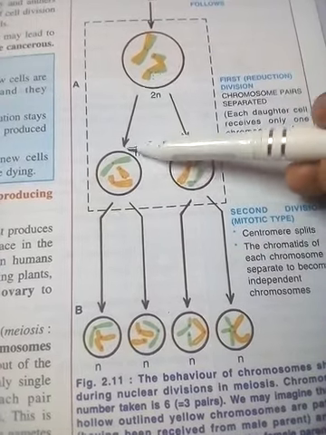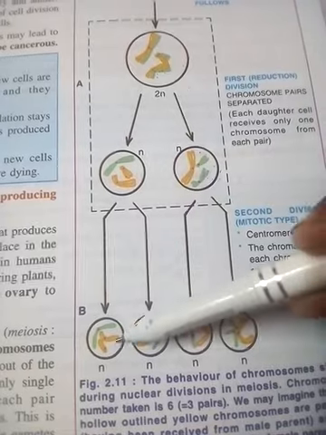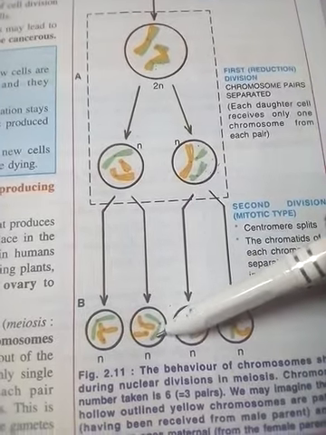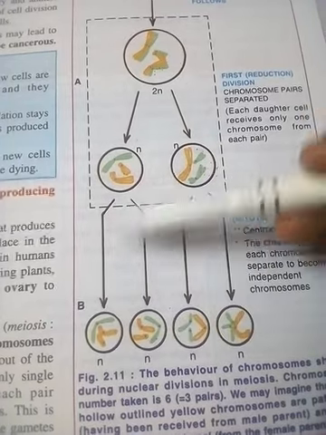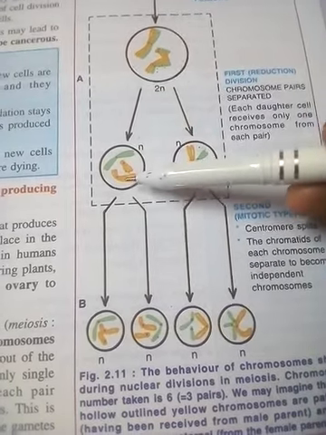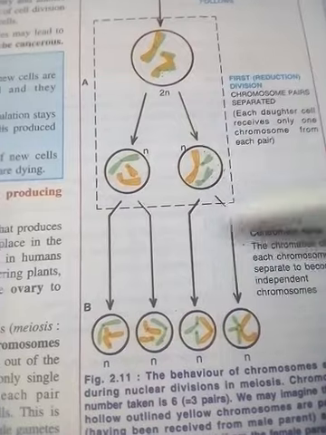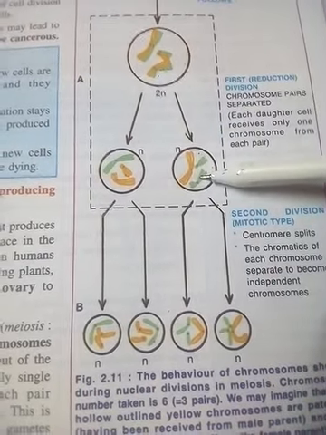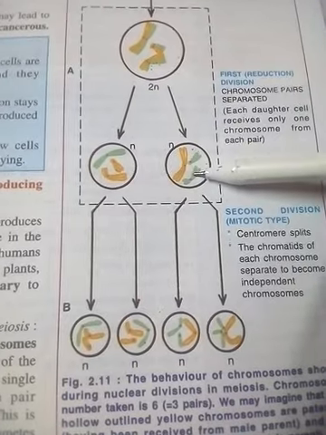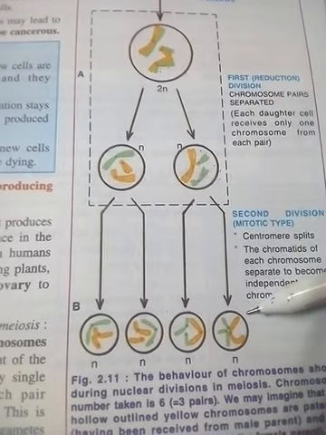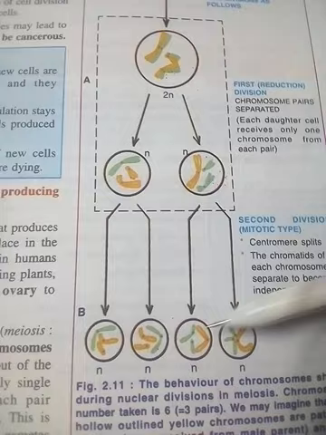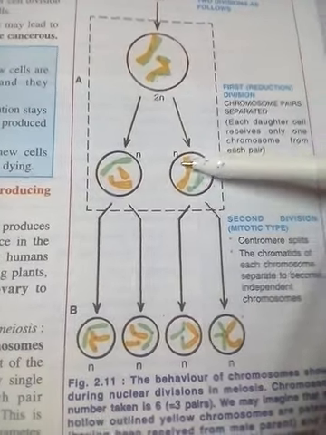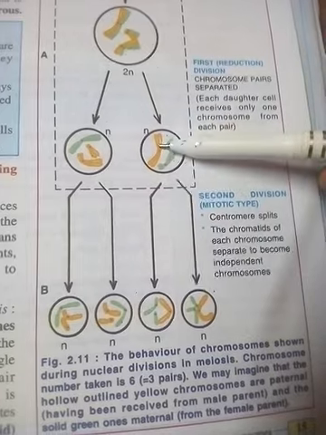Here n equals 3, so after this division 2 daughter cells will be produced with n equals 3 each. The chromosome numbers are equal to the parental cell, and from the other cell also, meiosis 2 is just like mitosis. So 2 daughter cells are formed, and each daughter cell has 3 chromosomes.